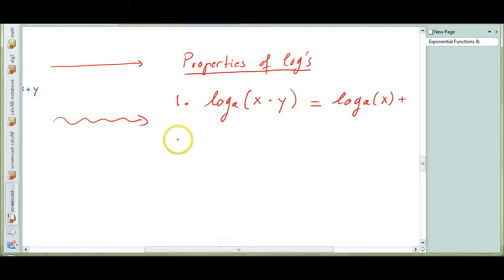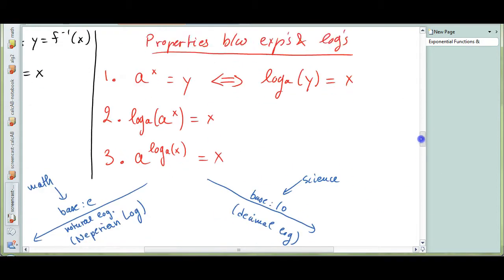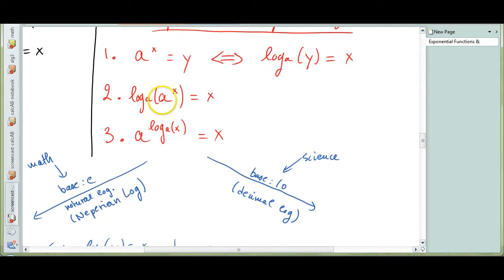And the second property would tell you that if you were to take the log of an exponential, now you see right here my base is not the same as a. This is base a and this is base x. If they were the same, then you just cancel everything and this is just x because these two functions are inverses of each other.